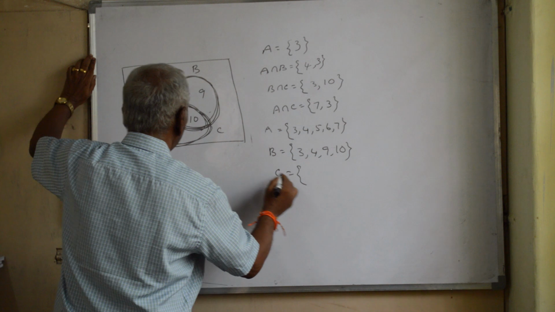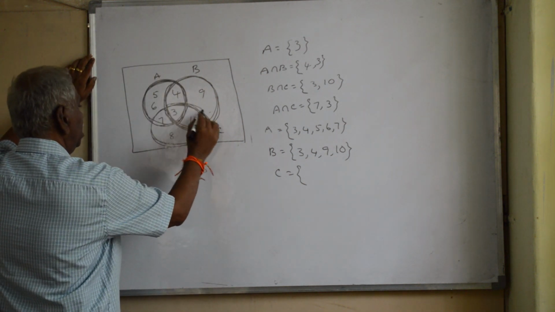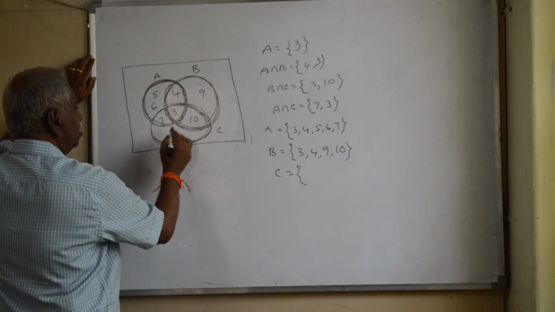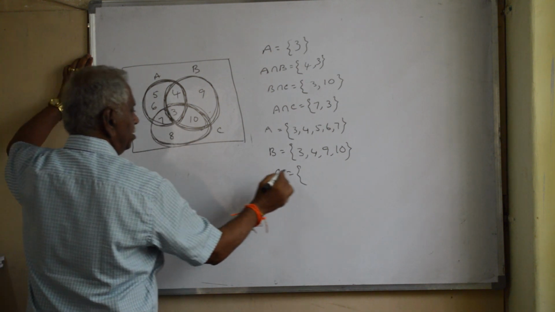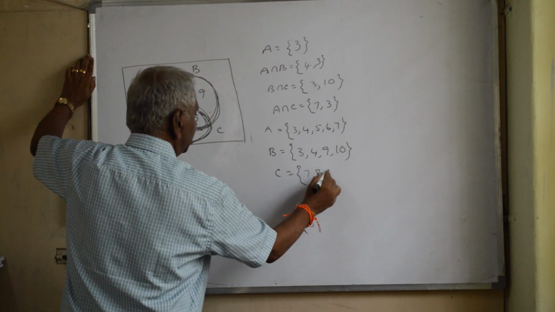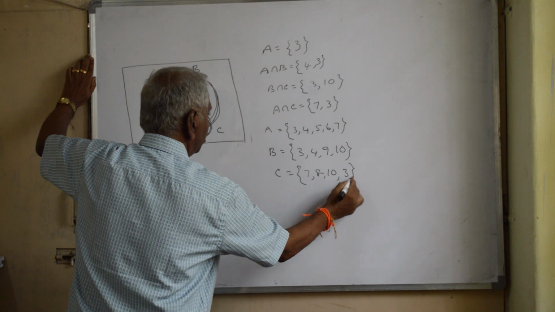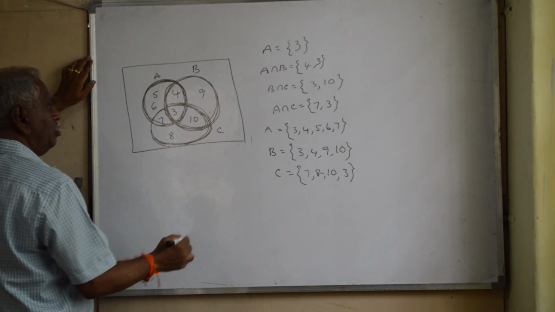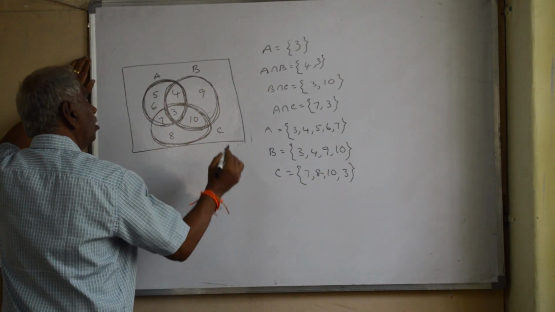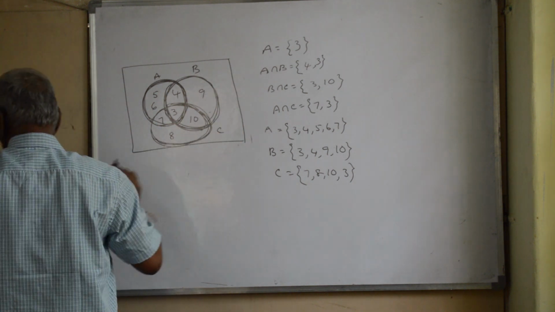C: 7, 8, 10, 3. I'm sorry, this is not A.